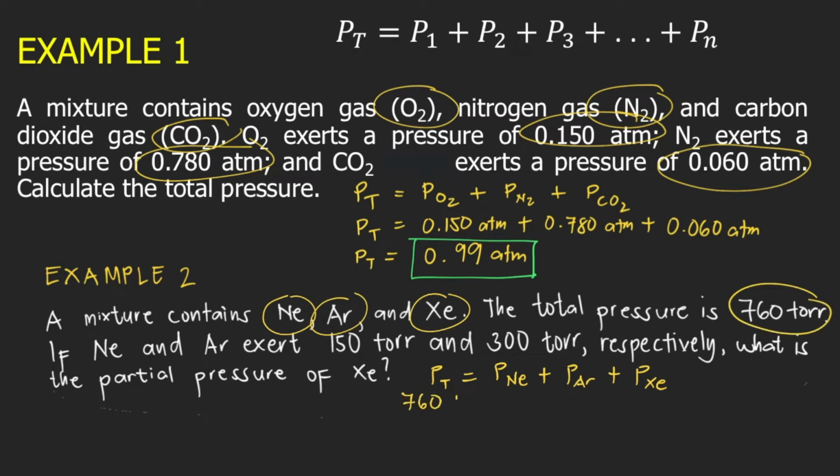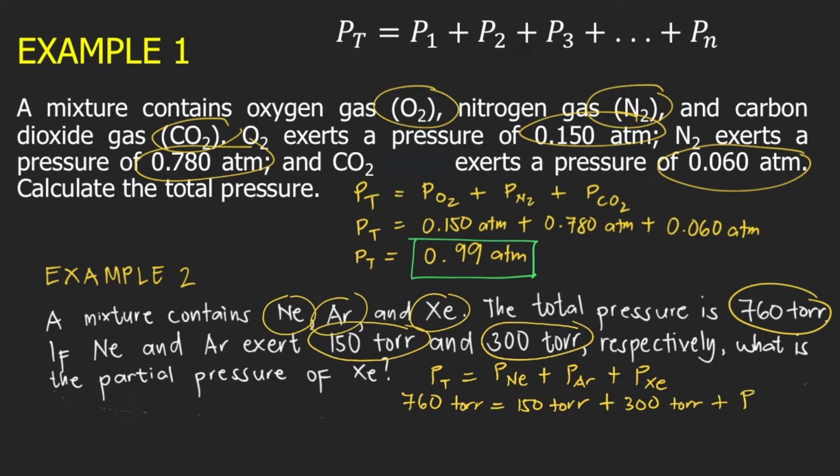So you put 760 torr. The partial pressure of neon is 150 torr. And the partial pressure of argon is 300 torr. The partial pressure of xenon is not given. It's the missing one.